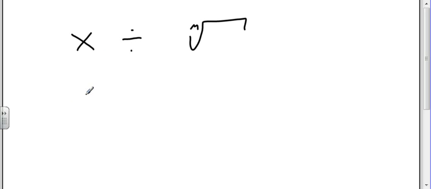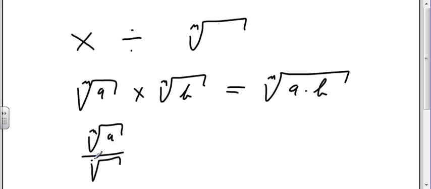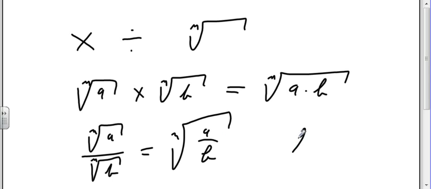If I have the nth root of A times the nth root of B, then I can write that as the nth root of A times B. And if I have the nth root of A divided by the nth root of B, then I can rewrite that as the nth root of A over B. But in any event, B can't be 0.